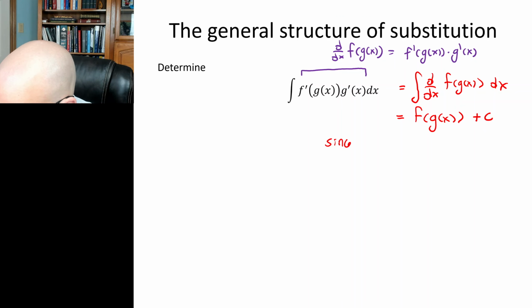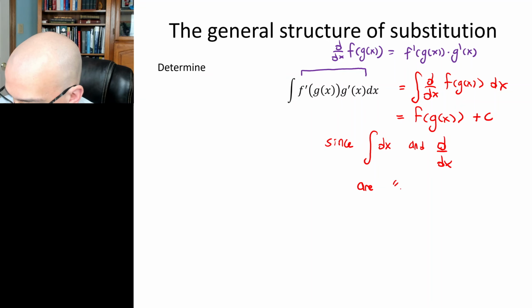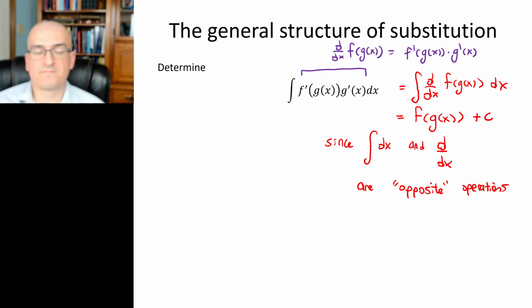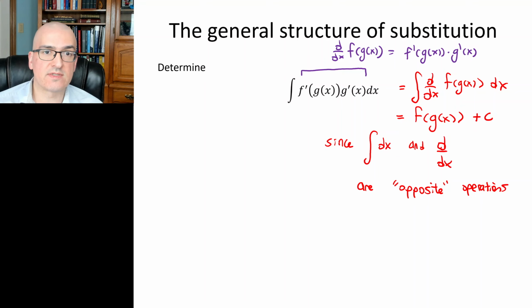Since antiderivative and derivative are kind of opposite operations. I say kind of opposite because there's a plus c that's hanging out there if we do the operations in this order.